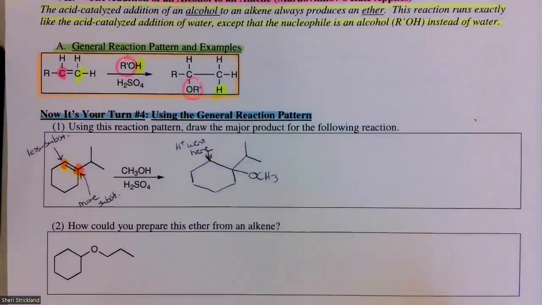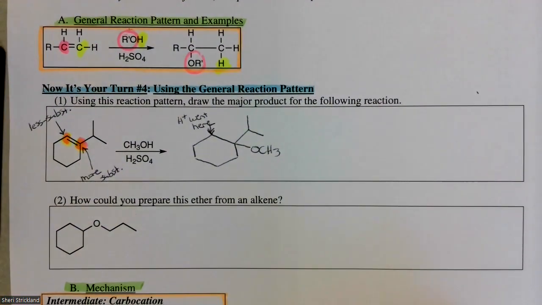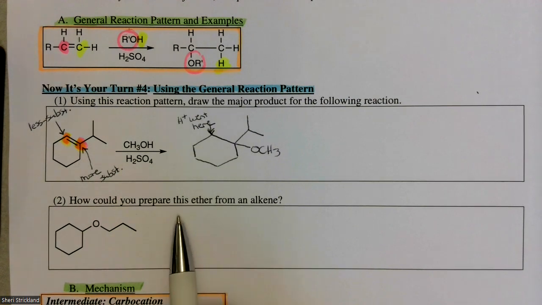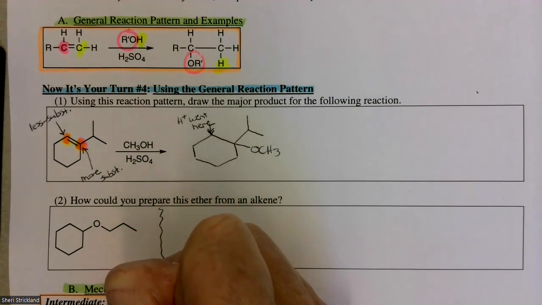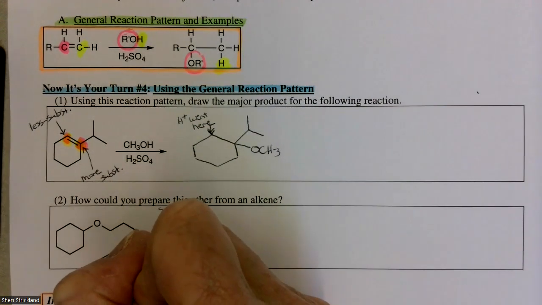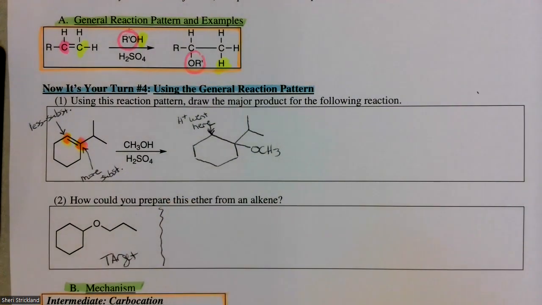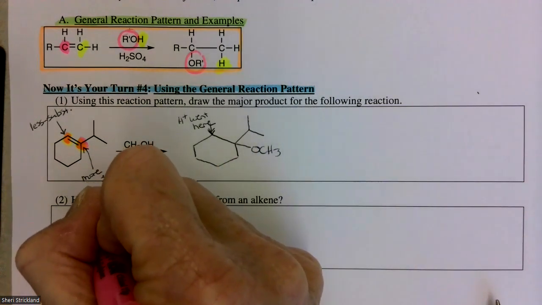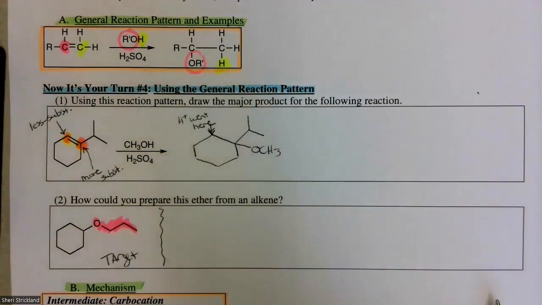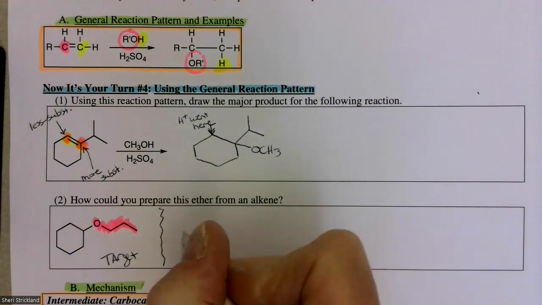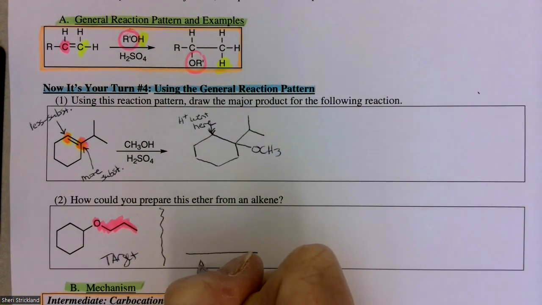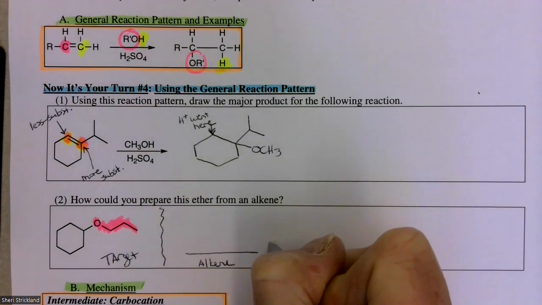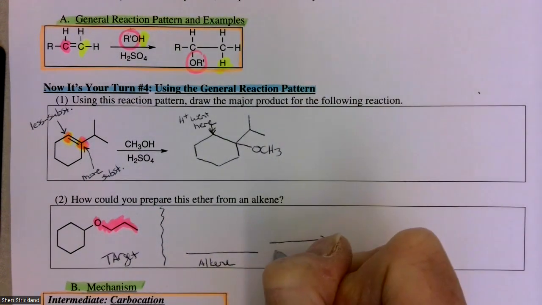Okay. All right, so what about if you wanted to go the other way? How could you prepare this ether from an alkene? So now this is a target. Okay, so we've got this piece that had to have come from the alcohol. So some sort of alkene. And then we need to know what the alcohol is, and it needs an acid catalyst.